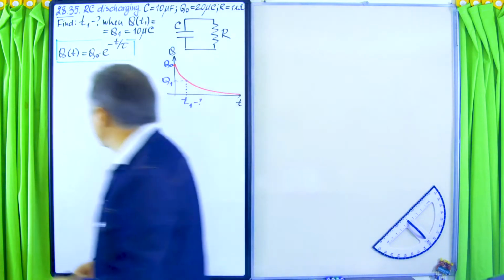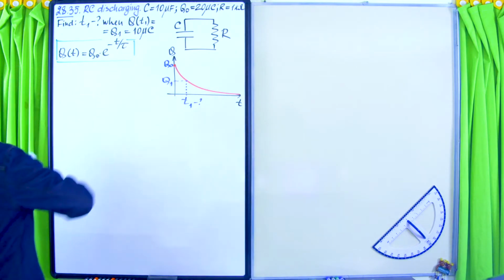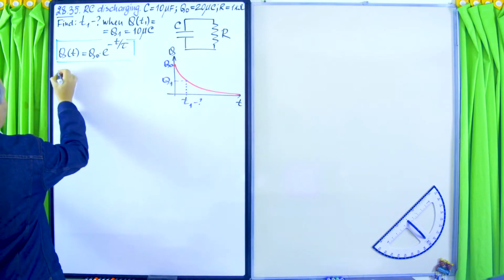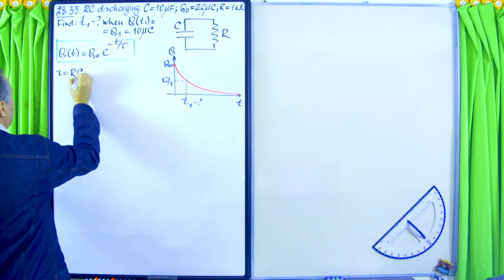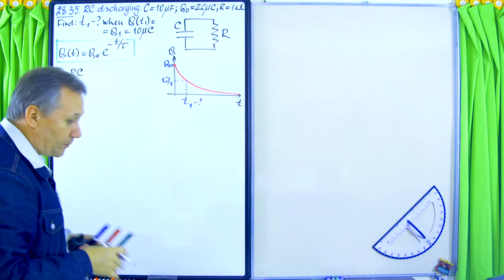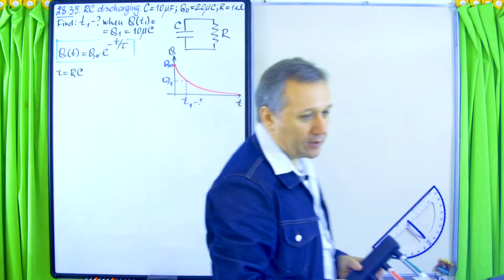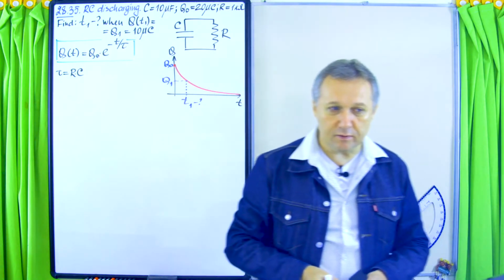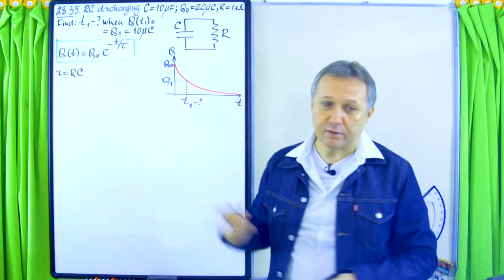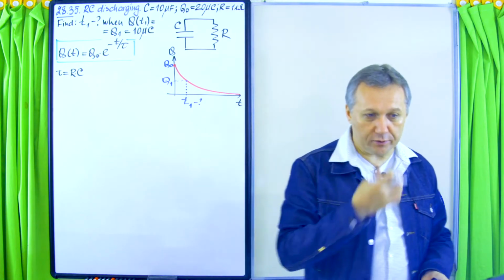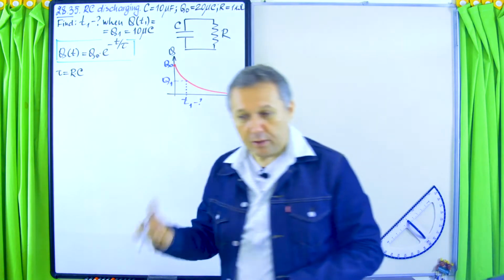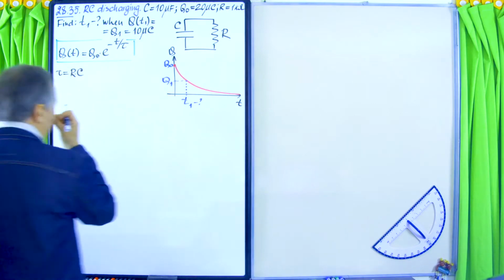Right? So before we start actually massaging this function, let's first find tau, the RC time constant. And again, you remember, it's an important parameter which tells us basically how fast a capacitor gets charged or discharged, right? The shorter tau, the faster it happens.